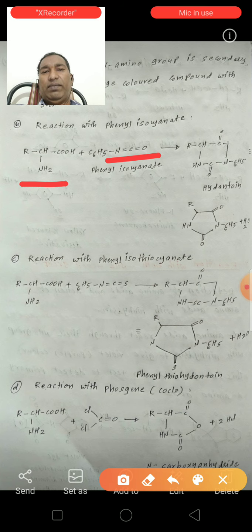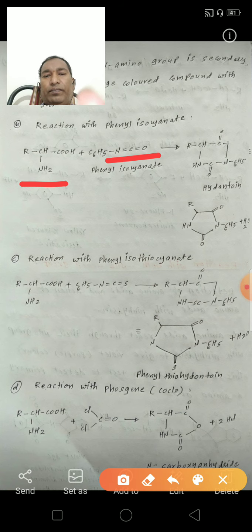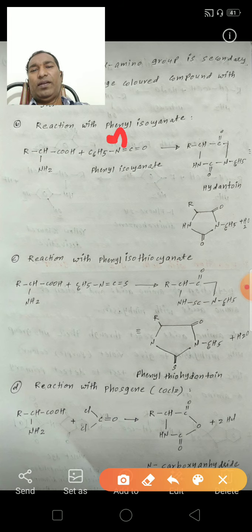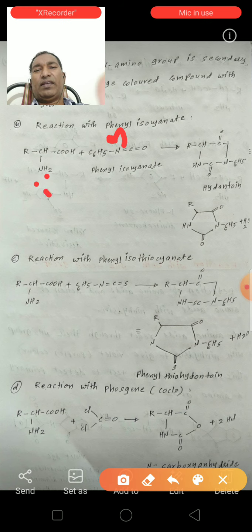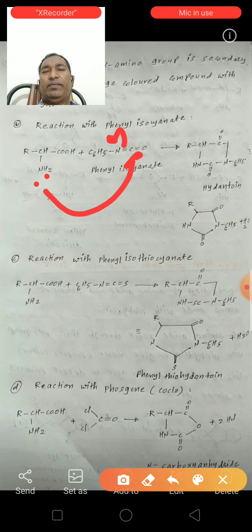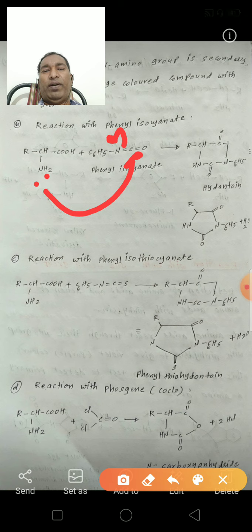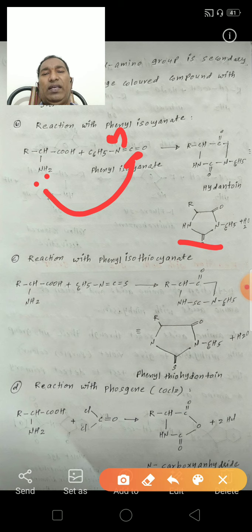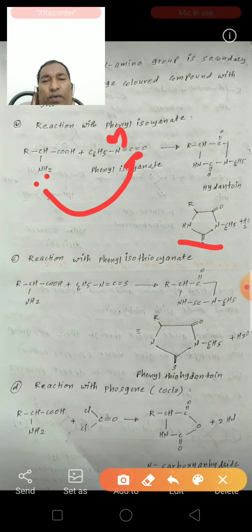The mechanism of this reaction is: the nitrogen gets the electron pair, then this electron pair reacts with the carbon to form a 5-membered cyclic structure, this one, containing the R group, C double bond O group, N C6H5, by removing a water molecule.